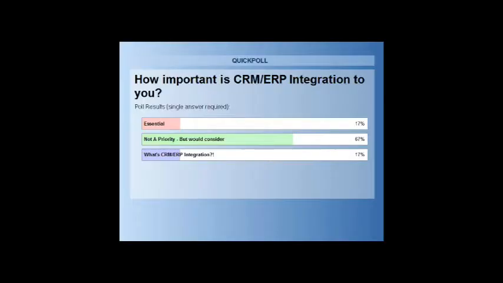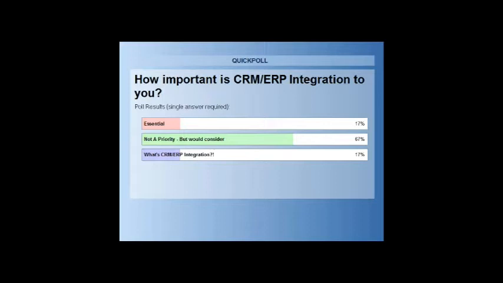So you can see there again 2/3 of those that voted said it's not a priority, but you would consider it, and I think that's absolutely fair to have that as the most popular result, because I think most people see it as something that hopefully can add business benefit, but is it important to the day-to-day running?